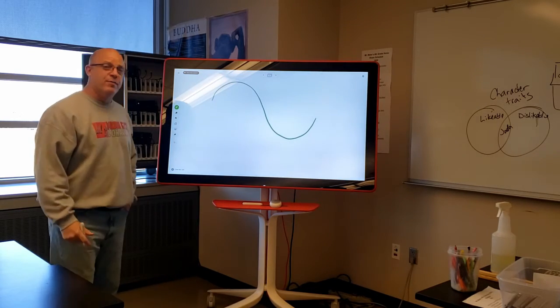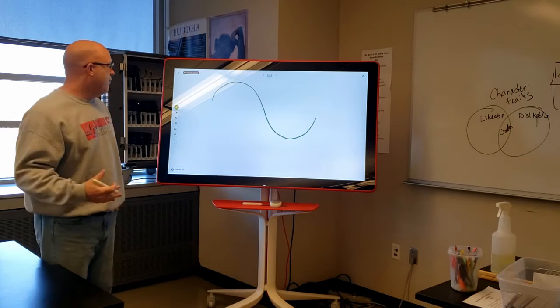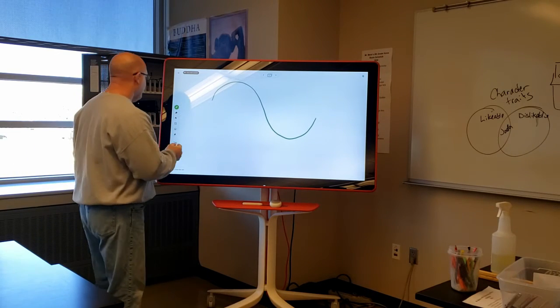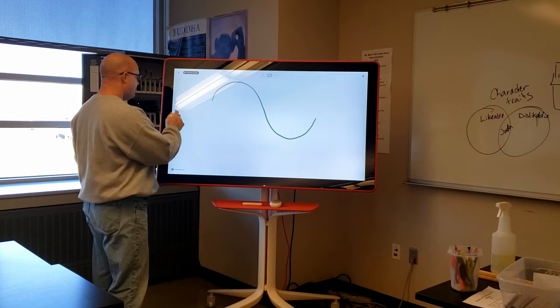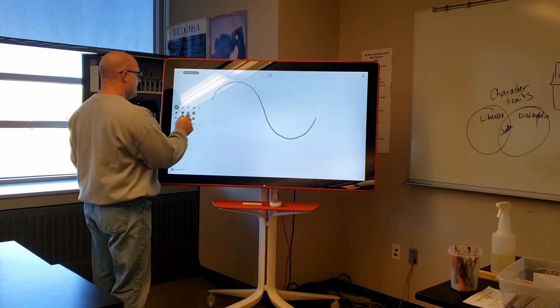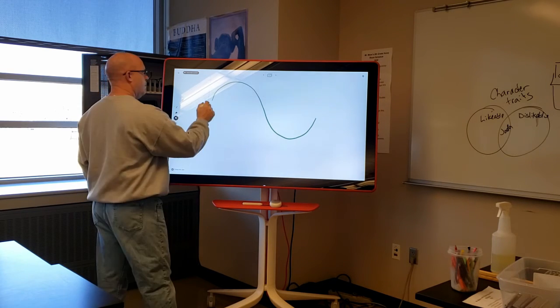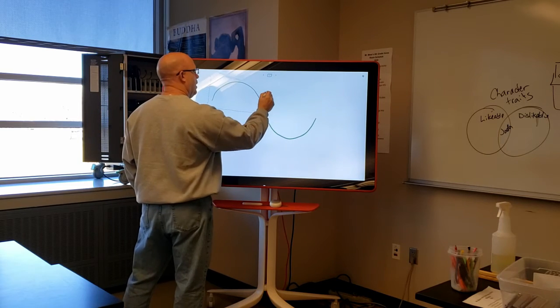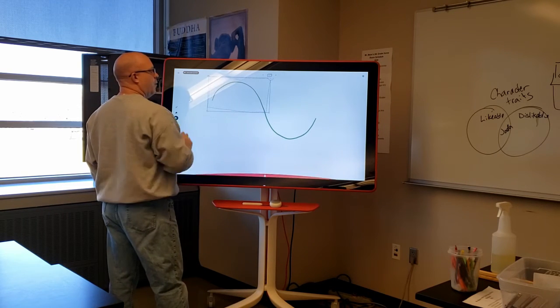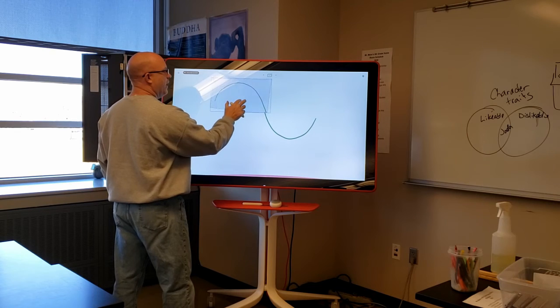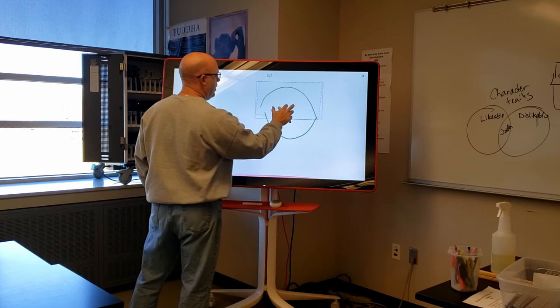So as we look at a wave, why do we say it's one wavelength? Well, the neat part about this one wavelength is, as we do this, I want you to notice what a wavelength really is.